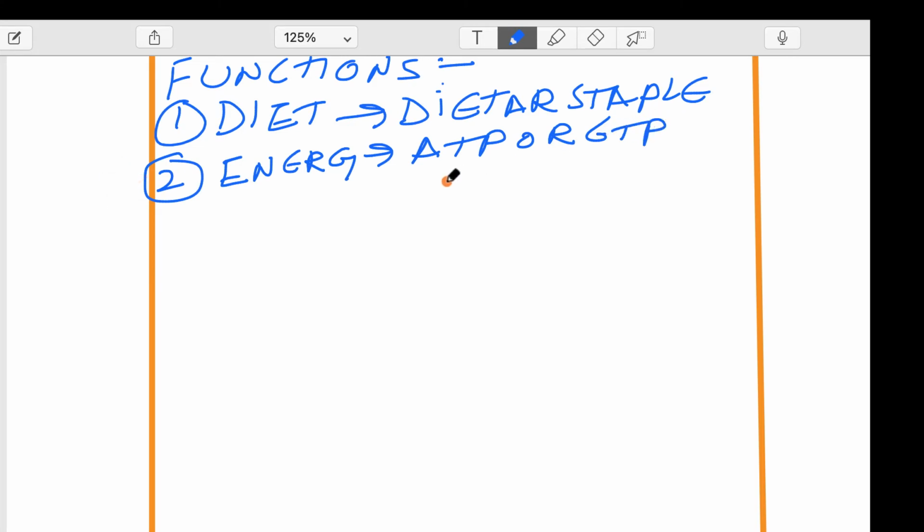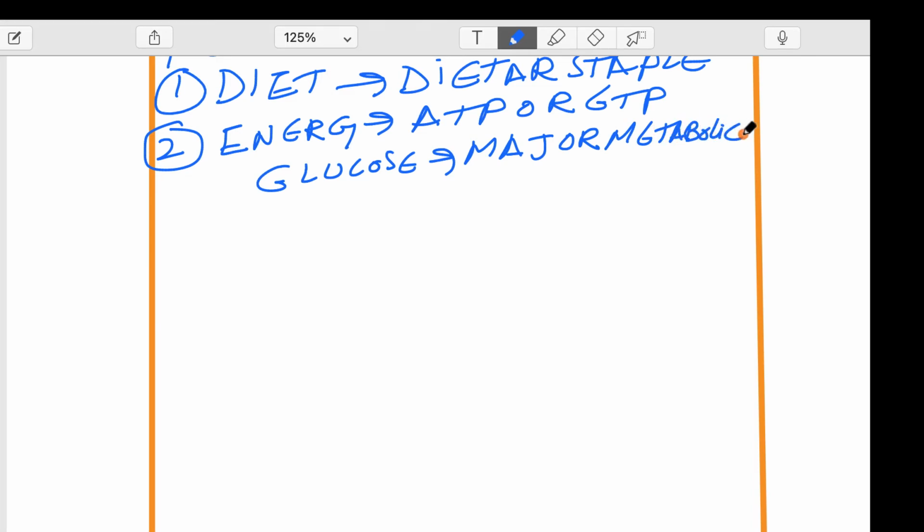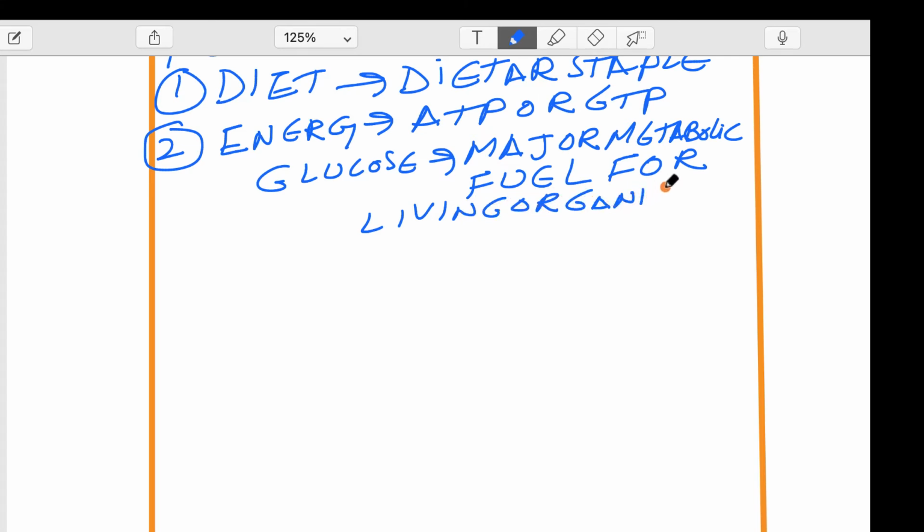Glucose is a major metabolic fuel for living organisms.